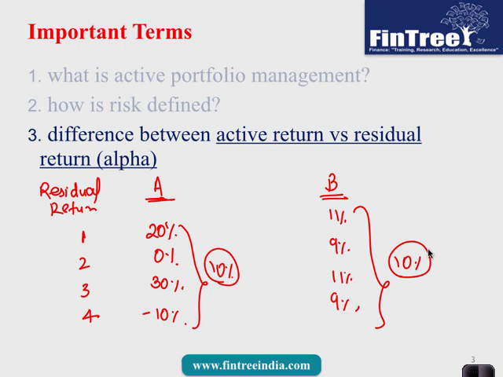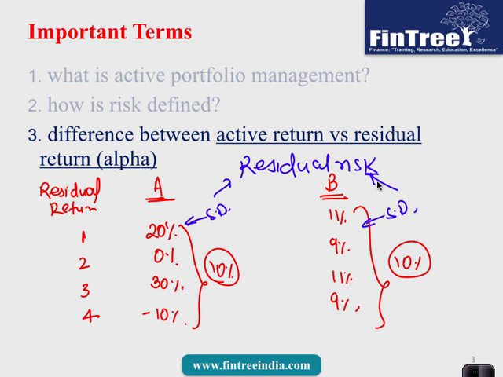But then we can clearly see that portfolio manager B seems to be much more consistent than portfolio manager A. And therefore what we would also calculate is the standard deviation of this residual return. So we will calculate standard deviation of these, and standard deviation of this residual return would be called as residual risk.